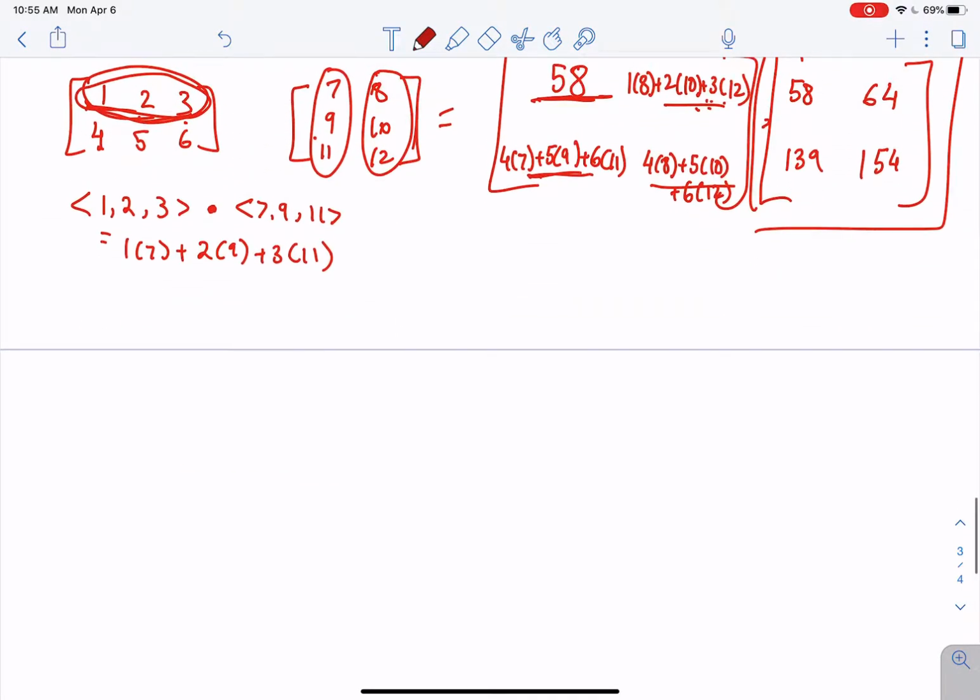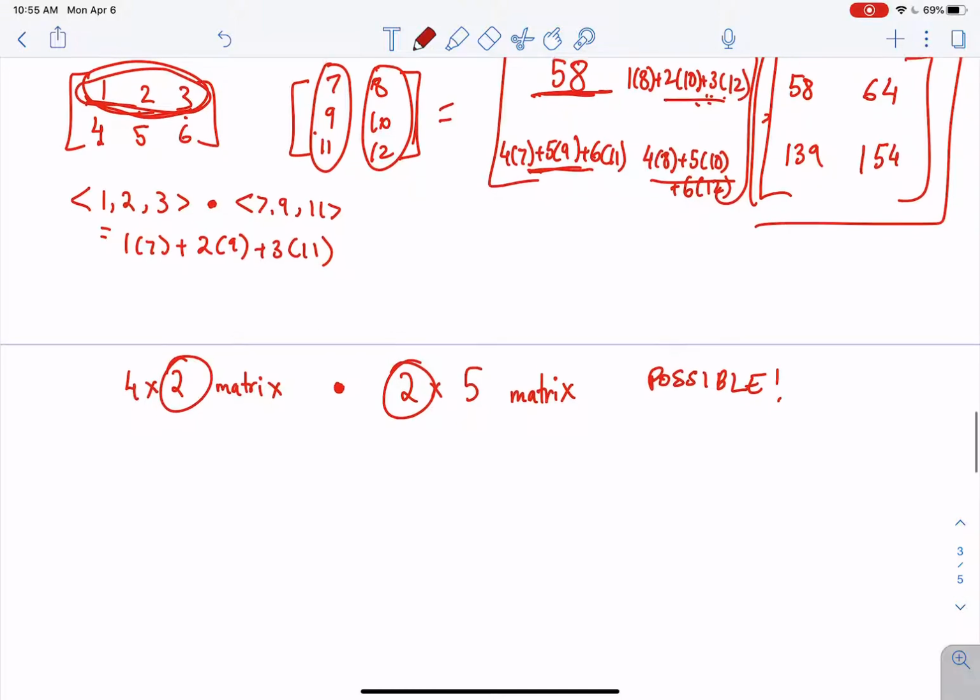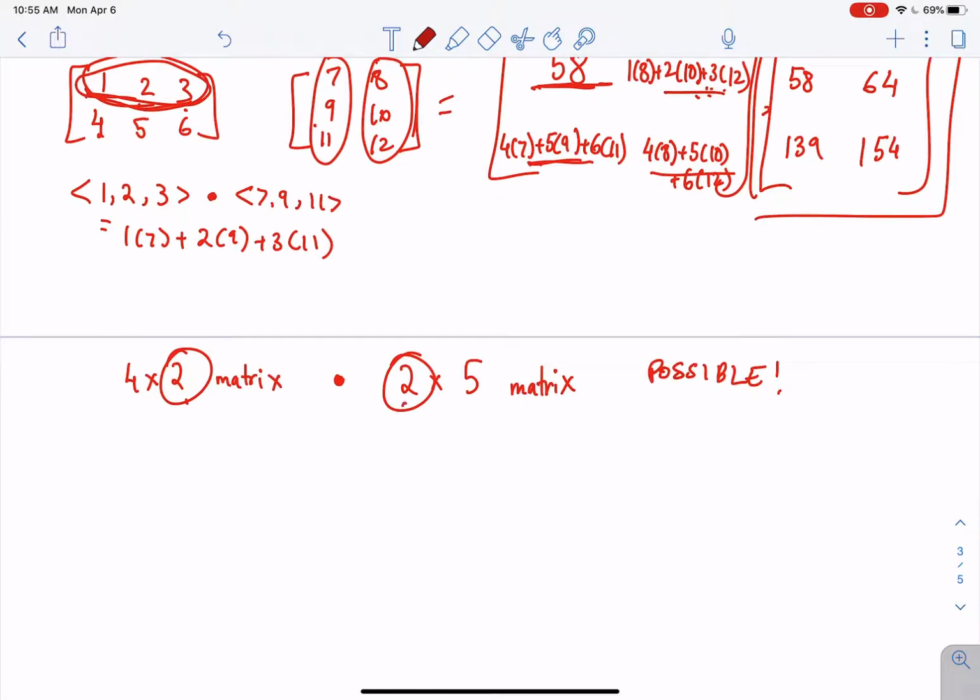So because of this, supposing you had a 4x2 matrix multiplied to a 2x5 matrix, this is possible because you have 2 and 2. The columns of the first matrix are the same as the rows in the second matrix.